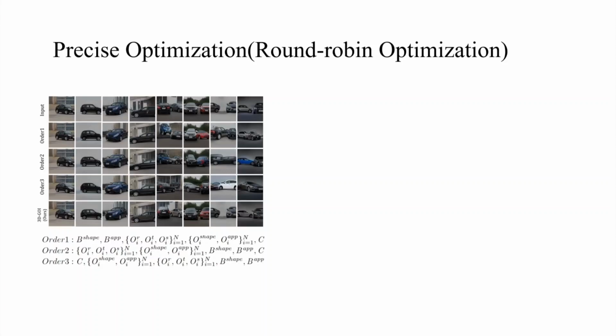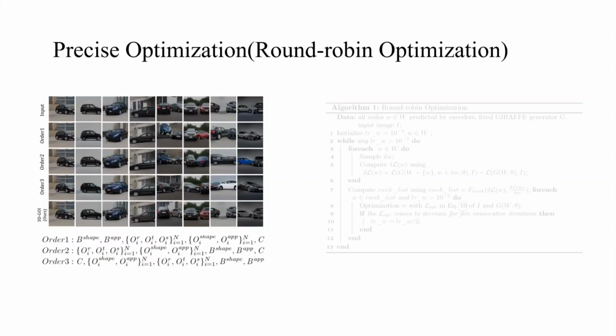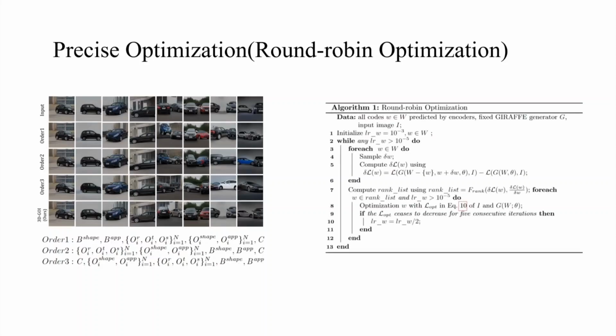For example, as shown in the left image, changes to background shape and background appearance codes controlling background generation mostly would have a larger impact on overall pixel values. Prioritizing the optimization of codes with significant disparity and a high potential for changing pixel values tends to yield superior results in our experiments. Hence, we propose an automated round-robin optimization algorithm at the right to sequentially optimize each code based on the image reconstructed in each round.